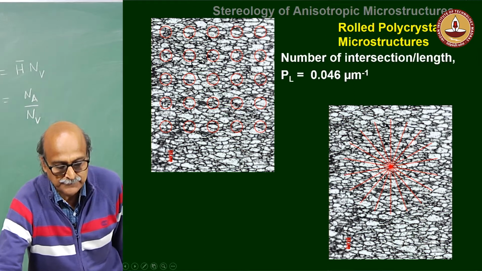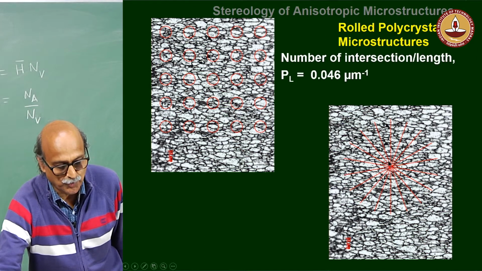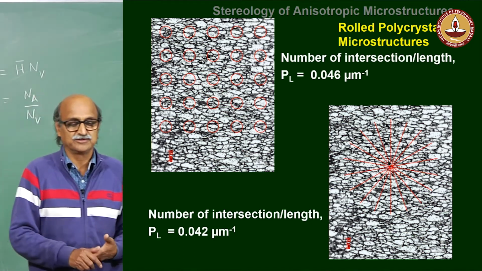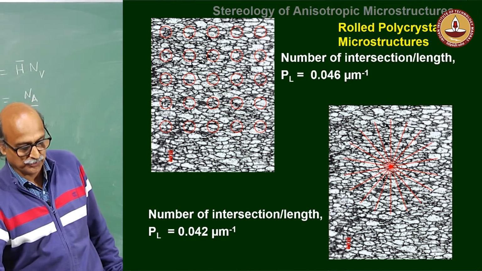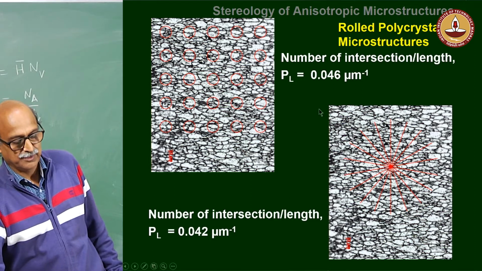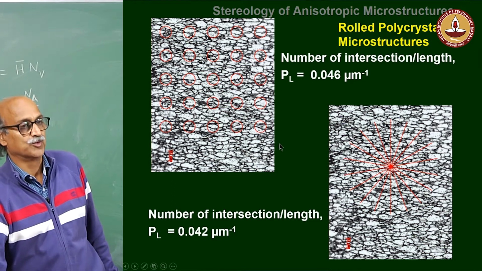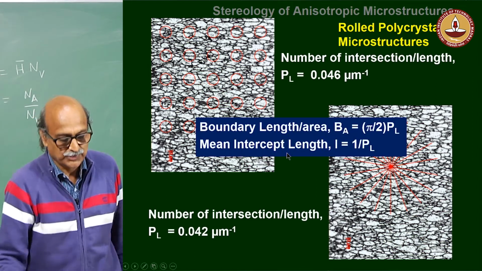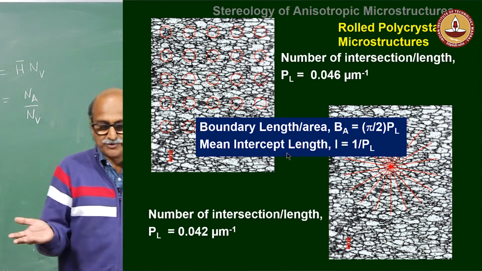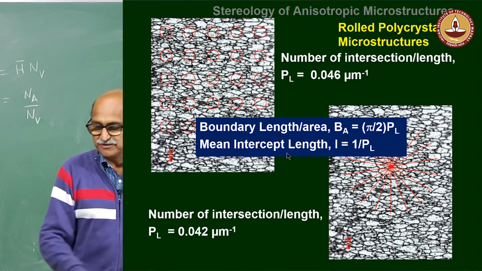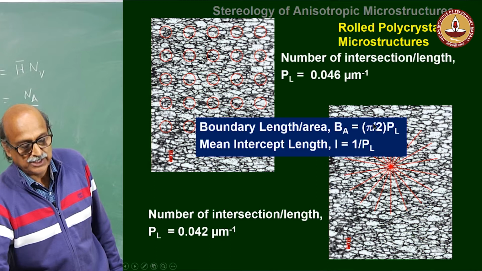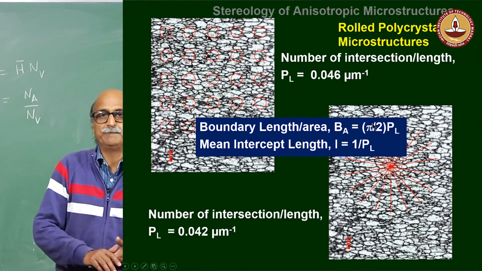If I use this particular probe, I get the number of intersections per unit length as 0.042 per micron. So, I get a similar number of intersections with both of these probes. And then you can calculate boundary length per unit area as before by multiplying PL by a factor of pi by 2.